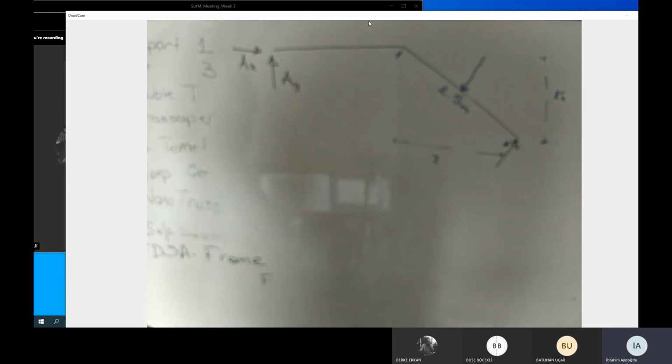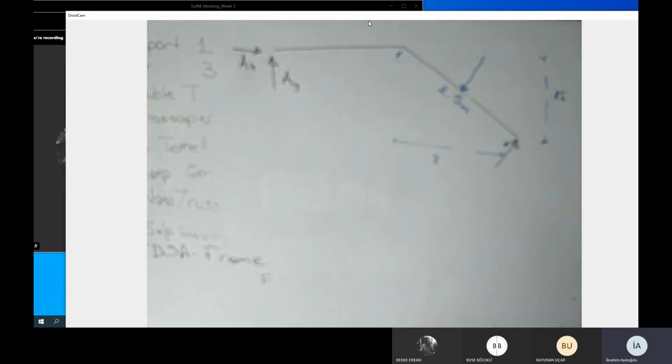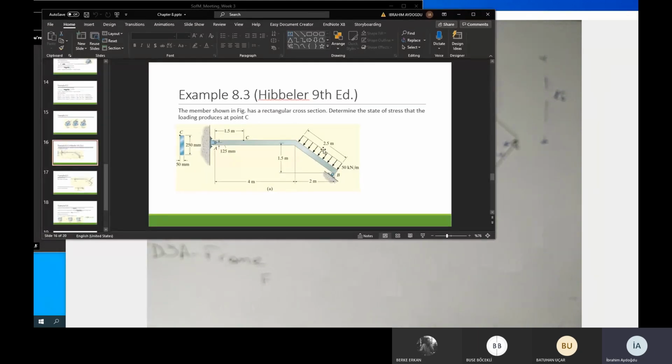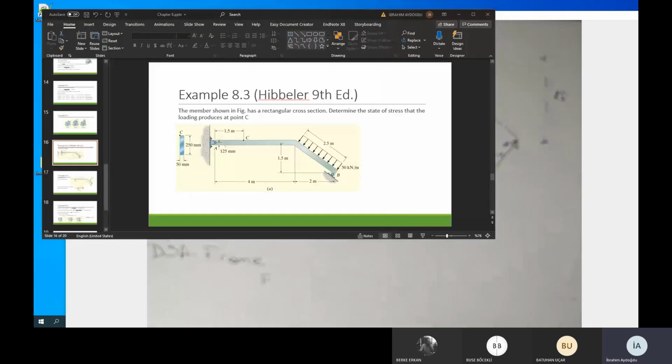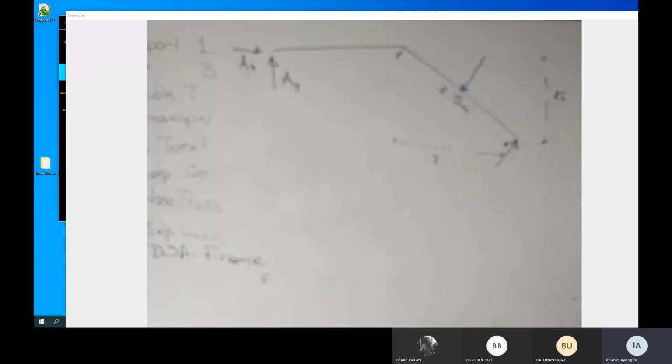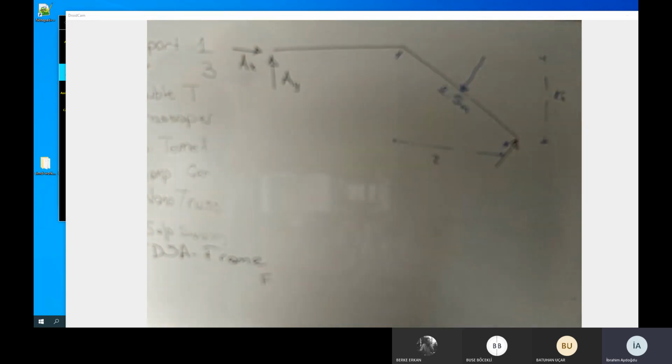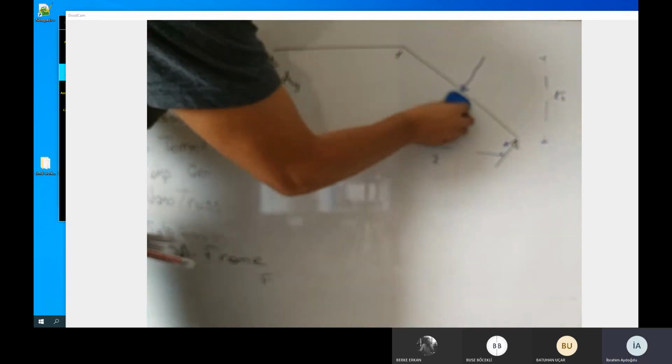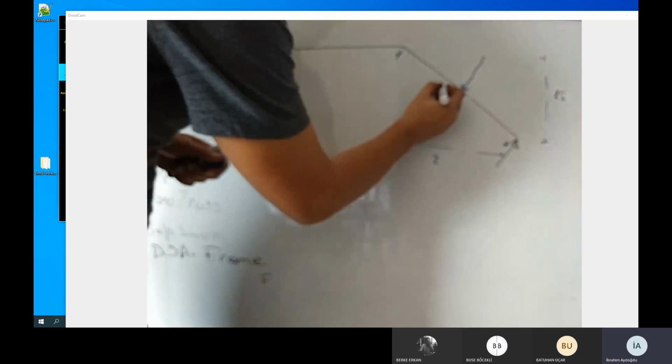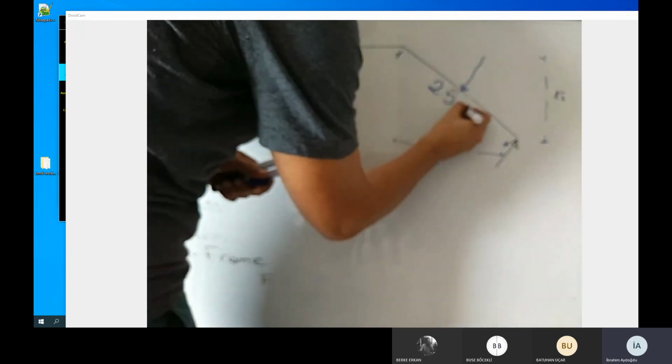So, the unit distribution is given, where is the value? It is missing, I think. Sorry, it is written here, 50 kilonewton per meter. Therefore, I multiply by 2.5 meters.